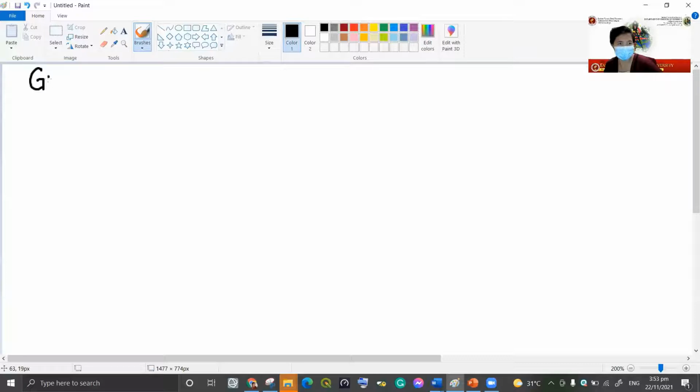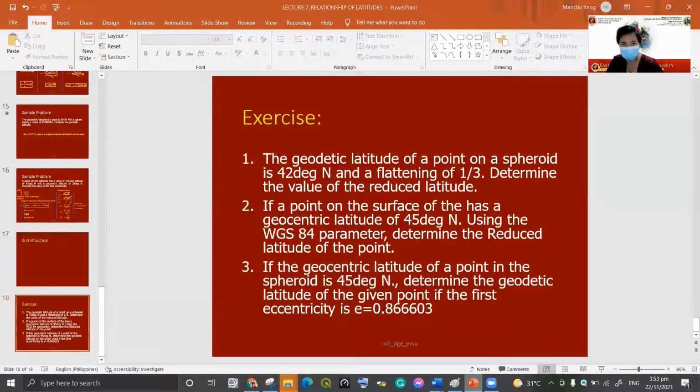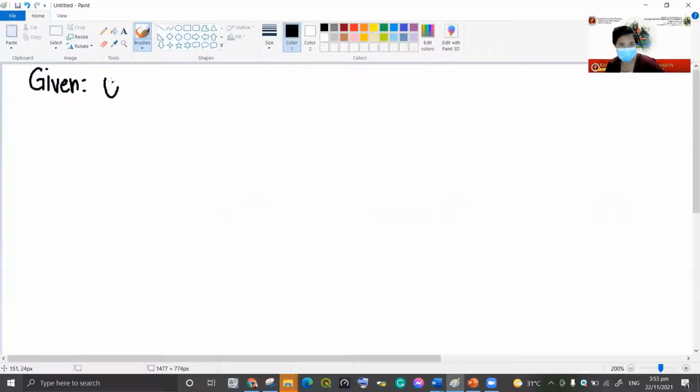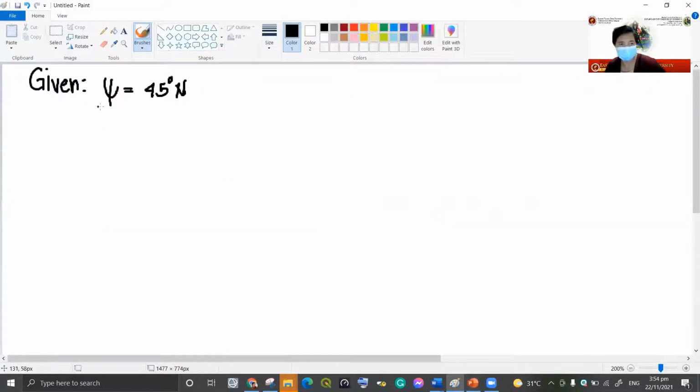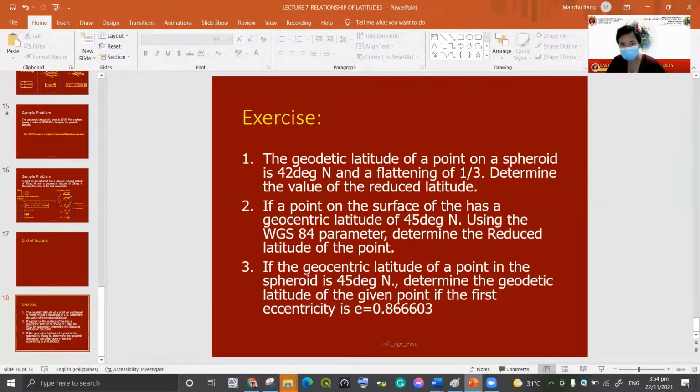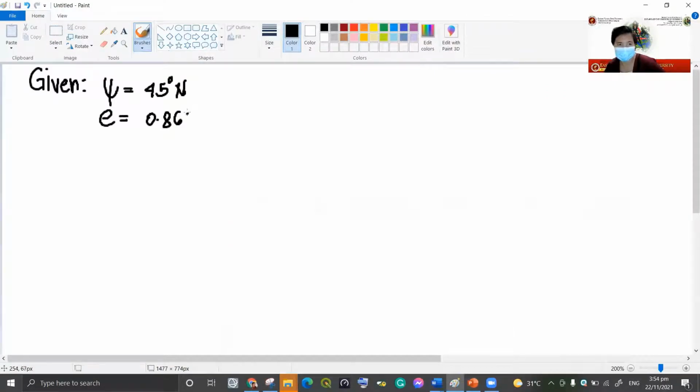So we are given the geocentric latitude, which is equivalent to 45 degrees north. And another one, we have the first eccentricity, which is equal to 0.866603. Am I right?